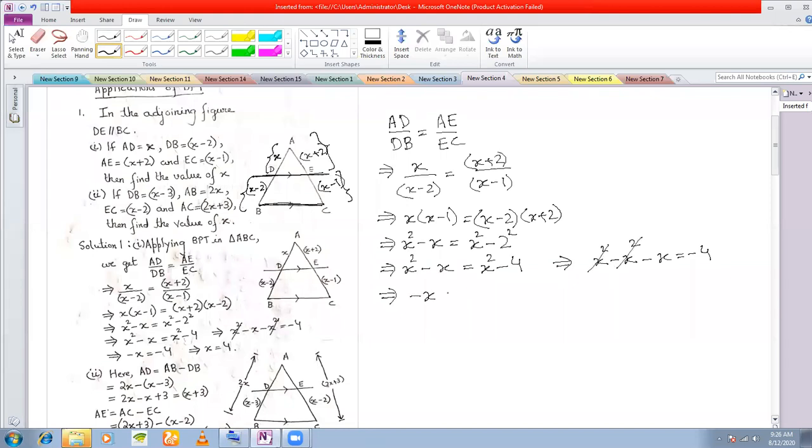So minus X is equal to minus 4. X must be equal to 4. Okay. So this was the question: find out the value of X. This brings us to an end of part 1.